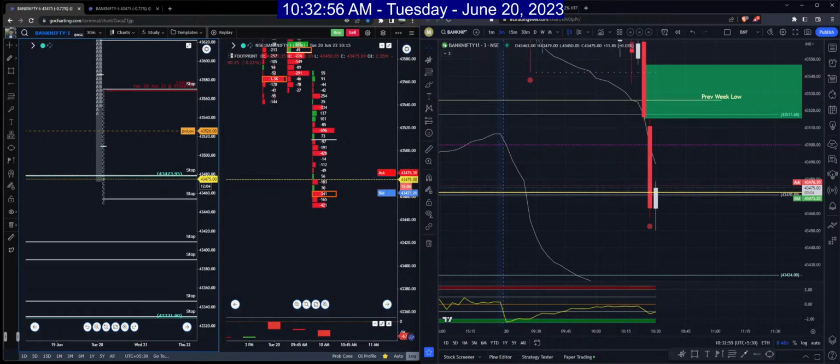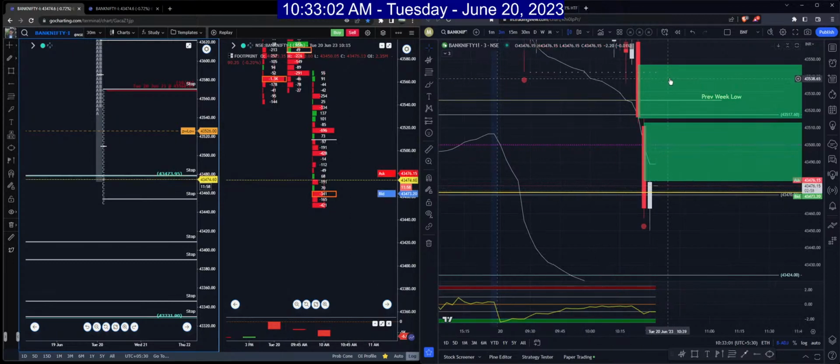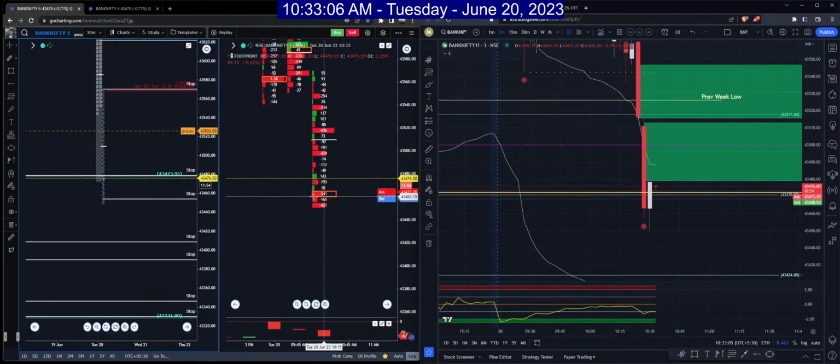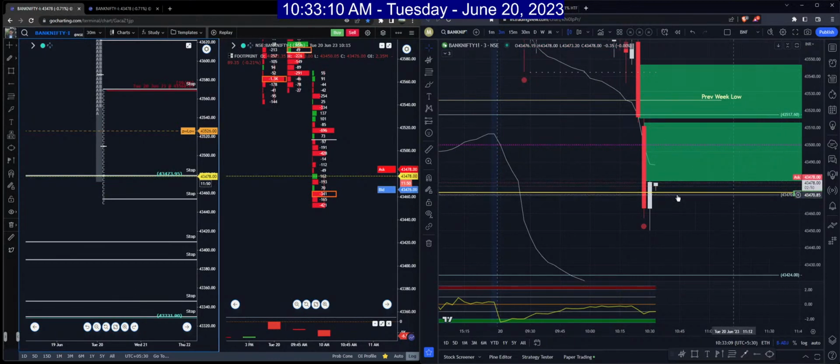So I want to enter a call trade, but nope, I'm not yet convinced. The reason is, we have got trapped buyers, we have got trapped supply. So this is the level where I'm referencing. I'm observing 470. So this is my SL, and this is my target.